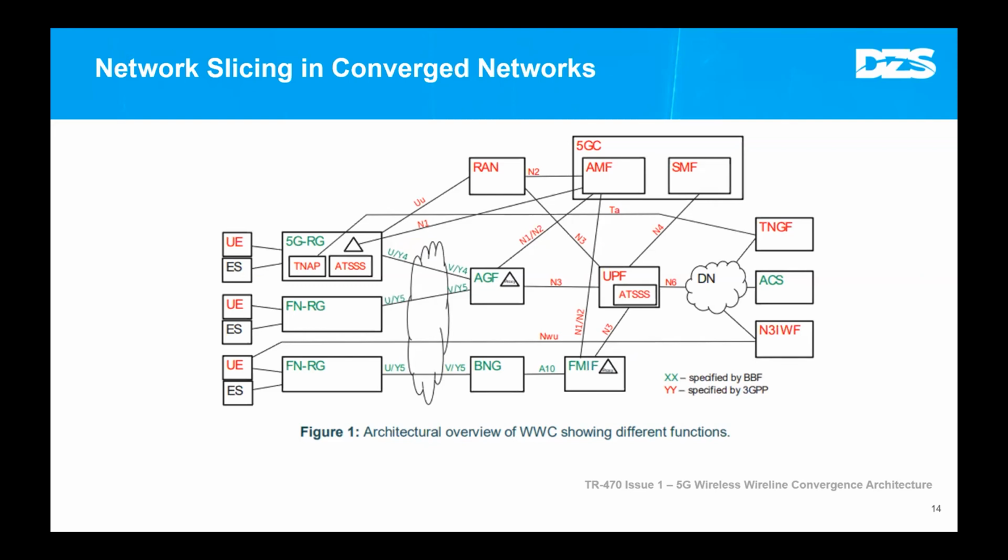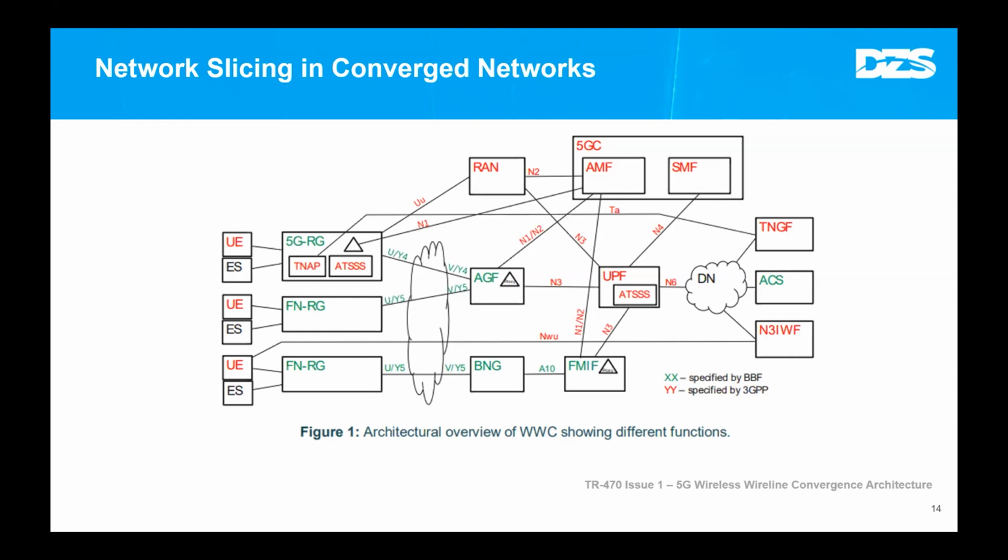So if you look at the mobile part of this picture, these are the 3GPP defined elements shown in red. Here, there's some radio access network components, but we're also looking at the 5G core now. This diagram maybe goes in the opposite direction, but user equipment on the left and the core on the right.